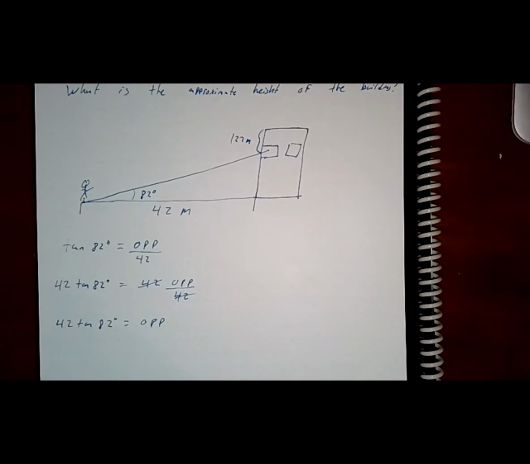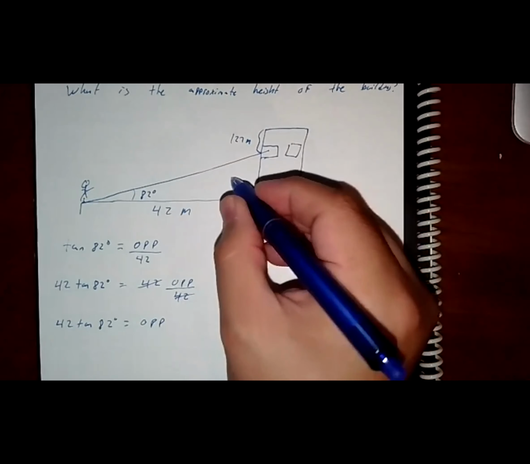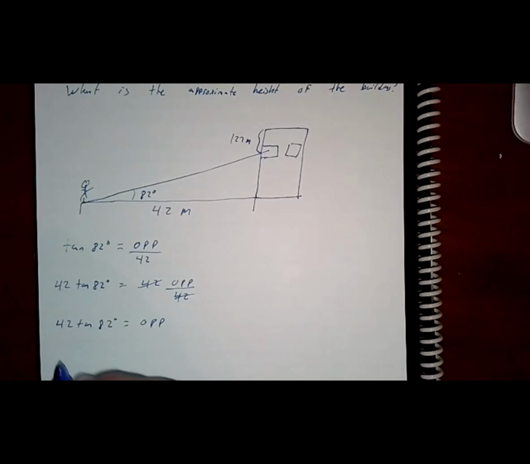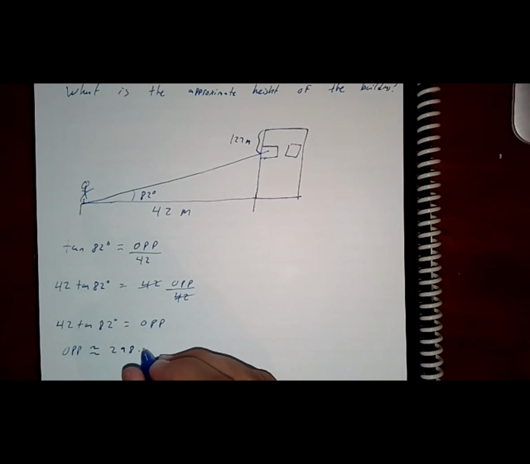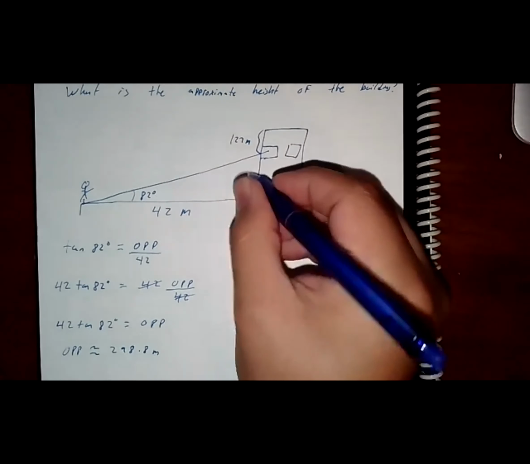Yep. So this is about 298 point, so round to how many? 1 decimal place. 8 meters.